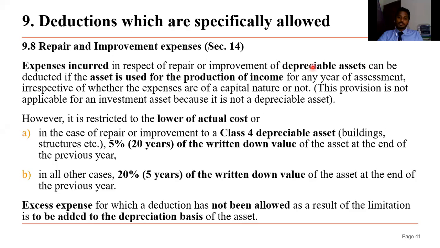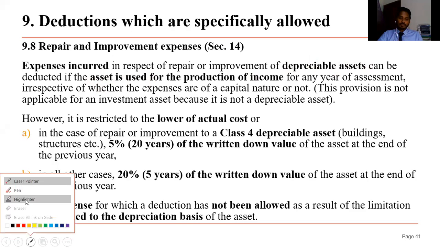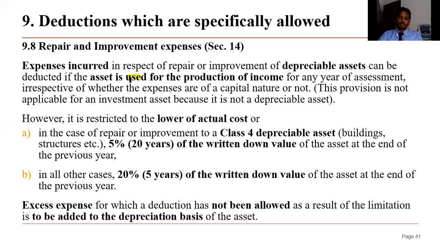It should be a depreciable asset, normally, not the capital asset, not the fixed asset. It can be deducted if the asset is used for the production of income. The important part you need to highlight here: if the depreciable asset is used for the production of income for the year of assessment, irrespective of whether the expenses are of capital nature or not.